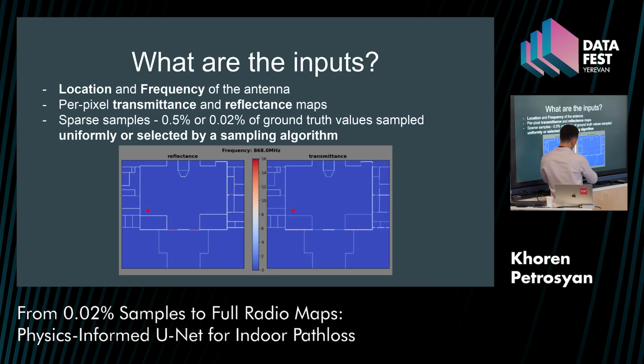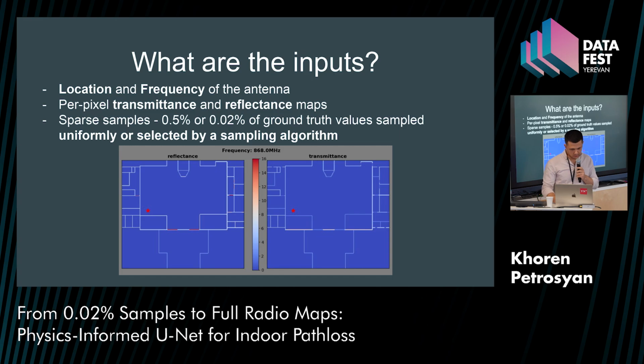And transmittance is when a signal passes through a wall. So you might have a Wi-Fi in another room and still get a signal, but it will be weaker due to factors, one of which is transmittance. We get two maps like this. We don't directly get where the walls are, just implicitly through reflectance and transmittance maps.